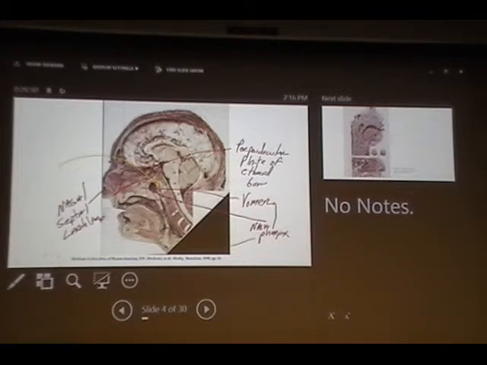Lymphoid tissue, right? Muco-associated lymphoid tissue. Okay, it's basically a tonsil, sometimes referred to as the pharyngeal tonsil. Any of you ever have a T and A procedure, tonsil and adenoids?